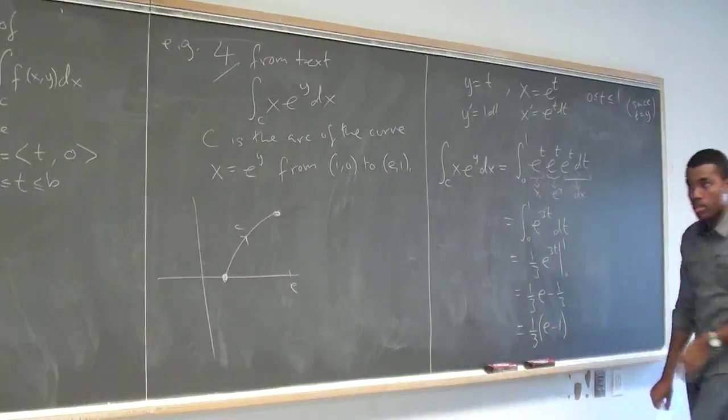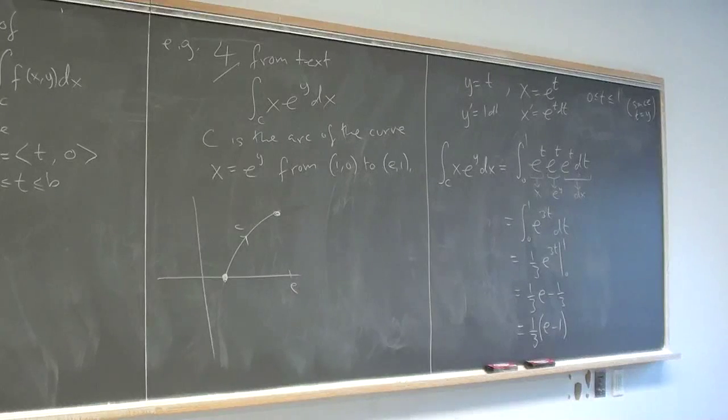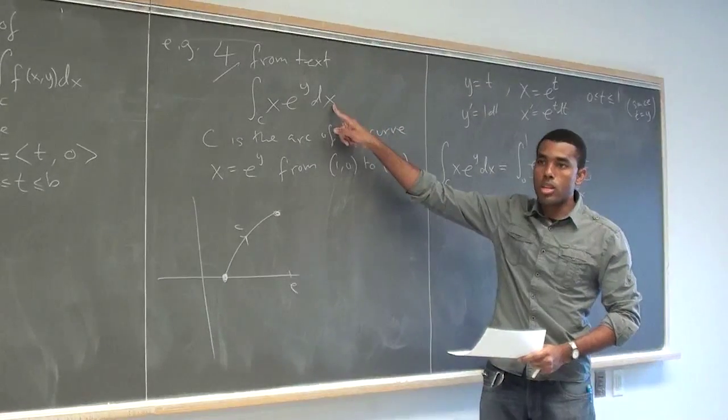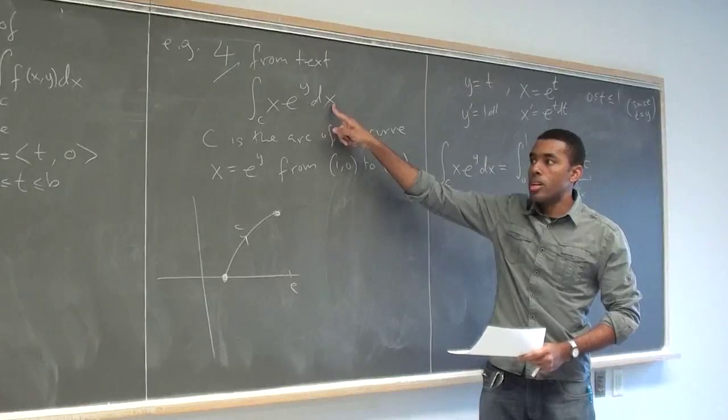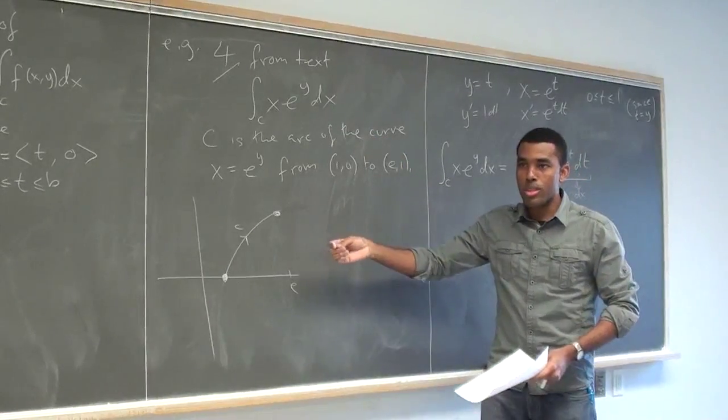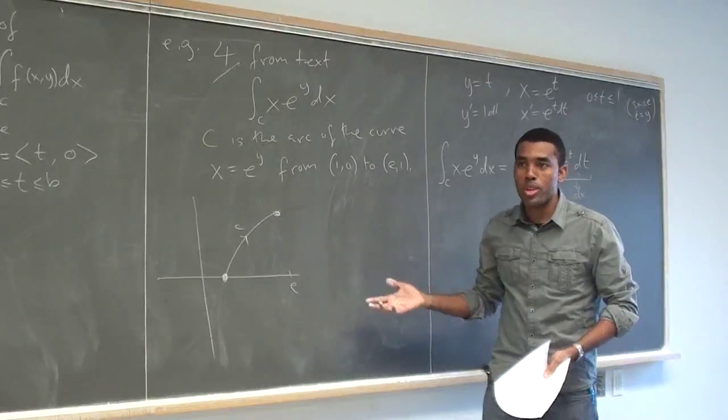Any questions? Yes. Wait, so what's the physical interpretation of this? It's the same interpretation. The only difference is we are looking at the x as opposed to the arc length. So instead of how far we've traveled, it's what is the x component at this time.